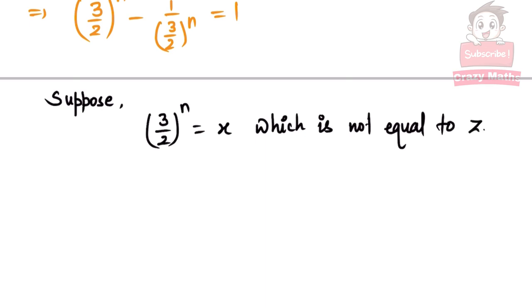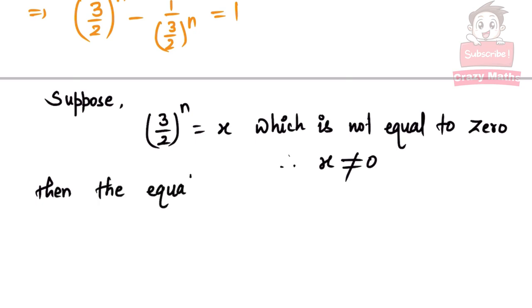So x will never be 0 or less than 0, always greater than 0. Then the equation will be of the form x minus 1 upon x equal to 1.